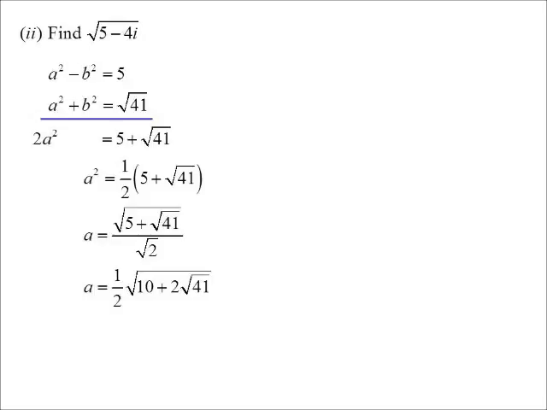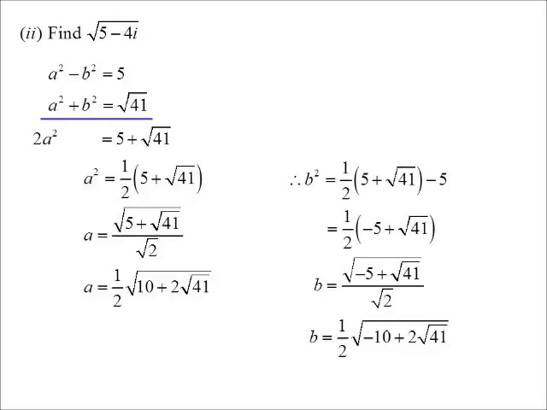Let's find this one. Square root of 5 minus 4i then. So a squared minus b squared will be the real part. a squared plus b squared will be the square root of the sum of 2 squares. 5 squared is 25, 4 squared is 16, 25 plus 16 is 41, root 41. A little bit harder with this one, you'll notice. 2a squared, a turns out to be half the square root of 10 plus 2 root 41.